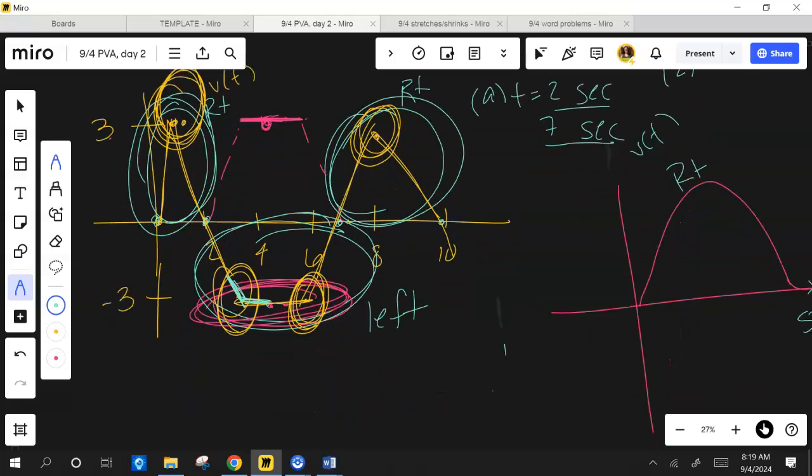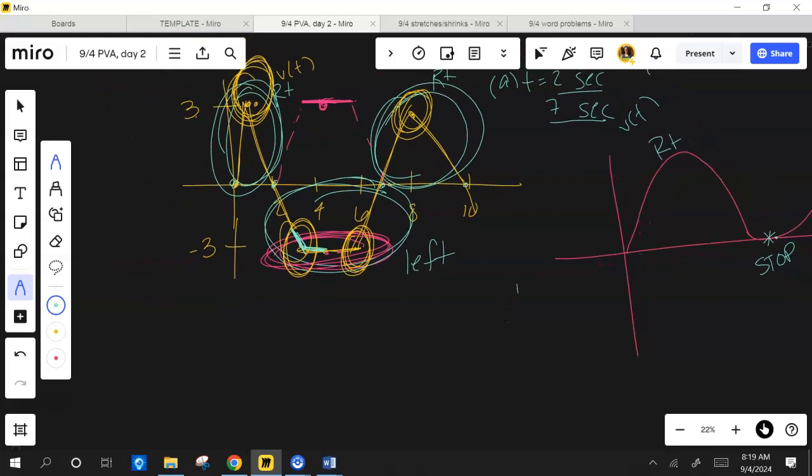So if I graph acceleration, here's the good part. 2, 4, 6, 8. How am I going to do this? It's a bunch of lines. What kind of lines? Horizontal.